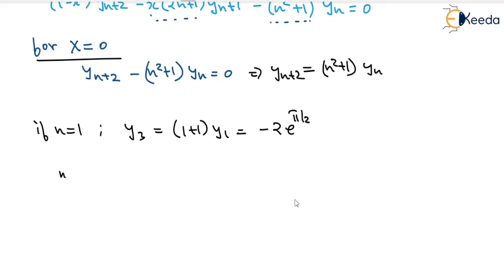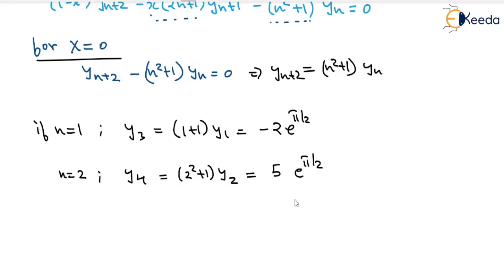Similarly, n equal to 2 gives n plus 2, which is 4, equal to 2 square plus 1 into y2, because that is n. So this is 5 times y2, and y2 we have found to be e to the power of pi by 2 above.